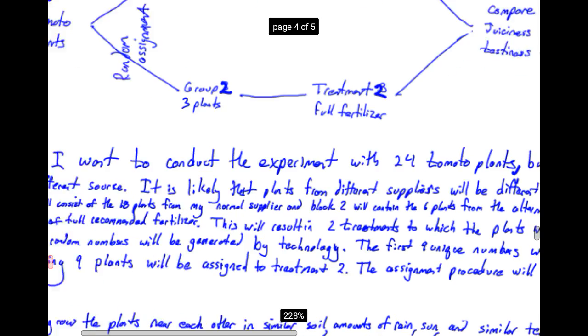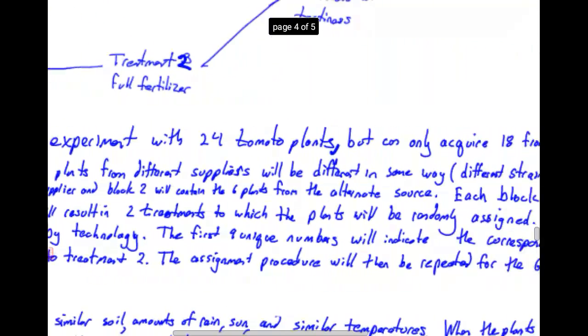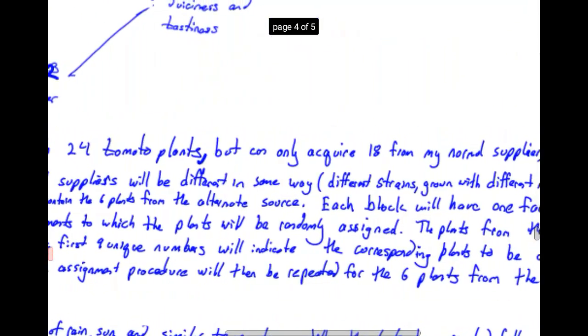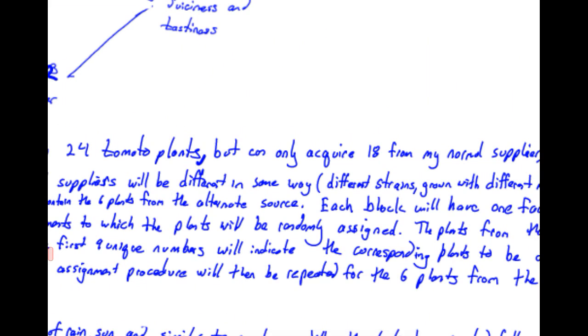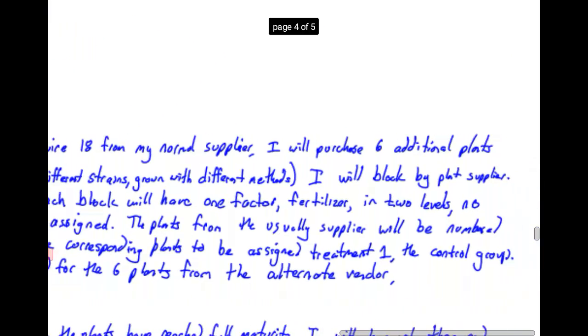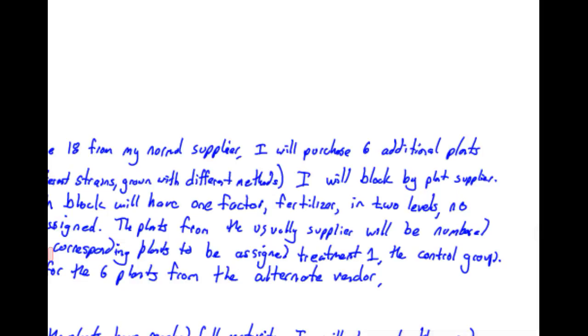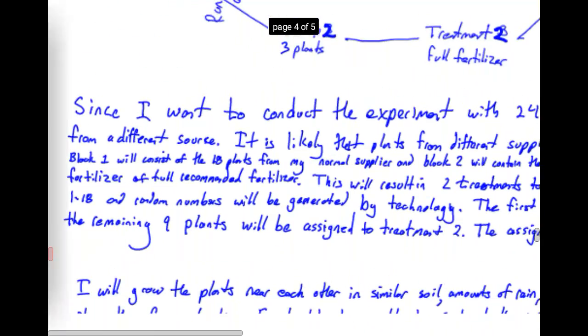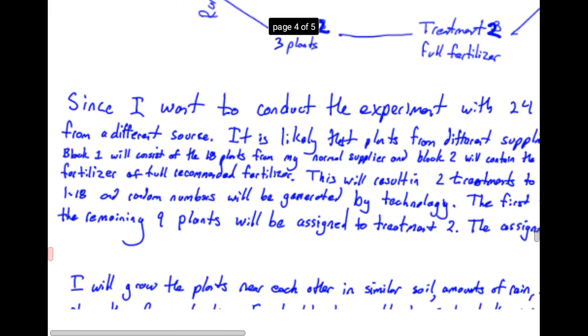This will result in 2 treatments to which the plants will be randomly assigned. Don't forget the importance of the random assignment. The plants from the usual supplier will be numbered 1 through 18, and random numbers will be generated by technology.